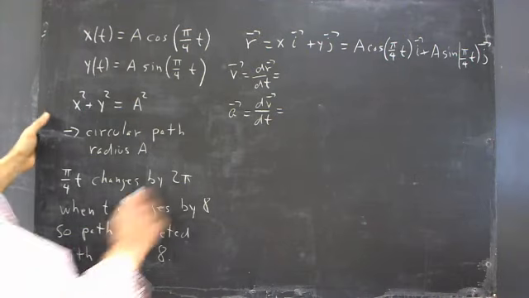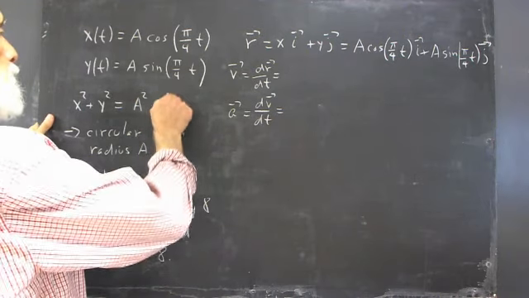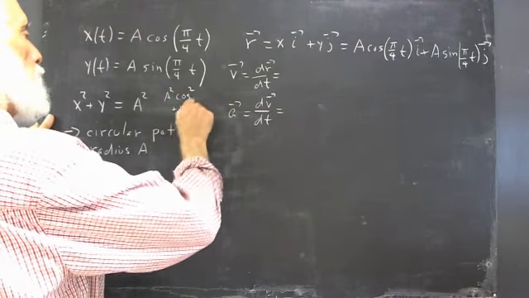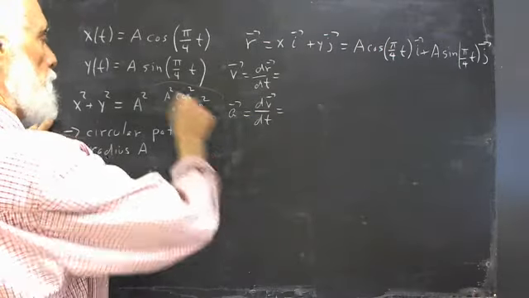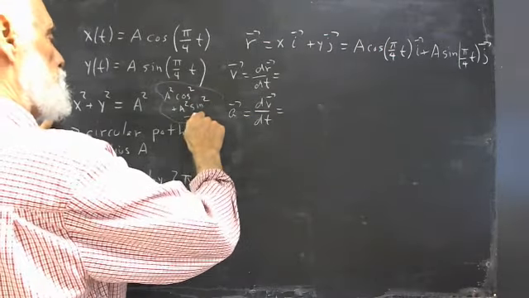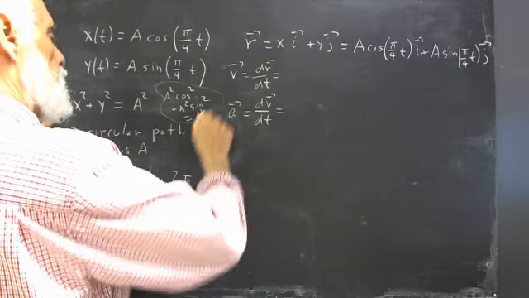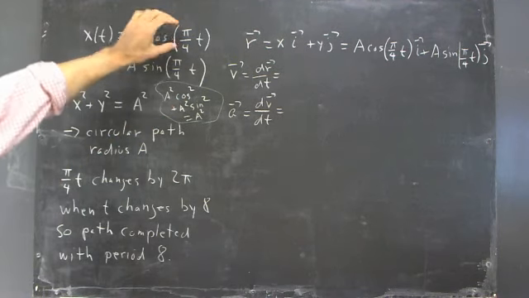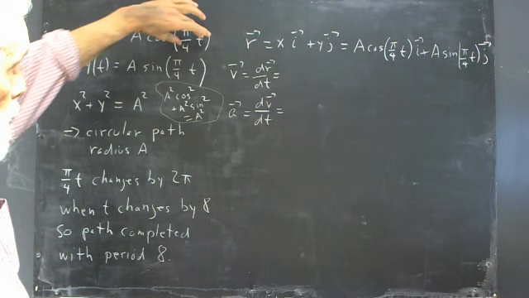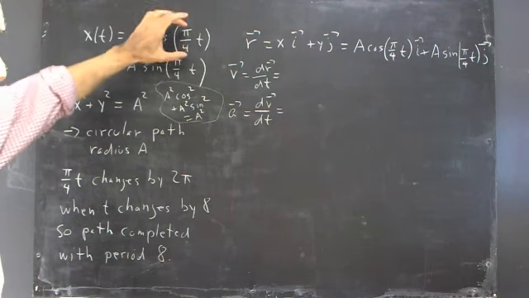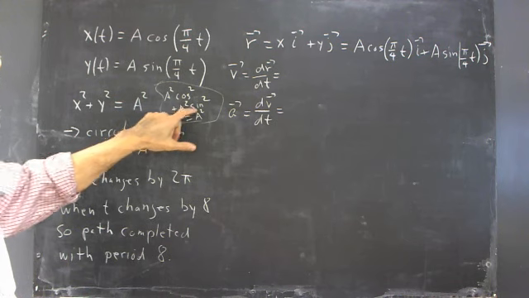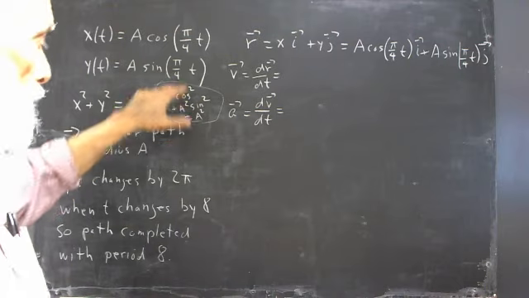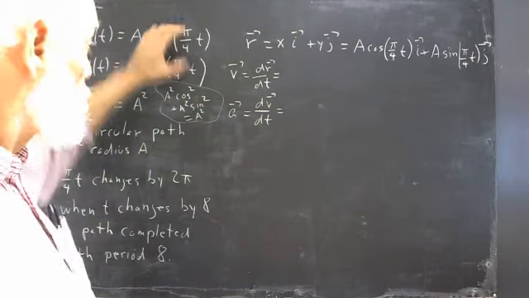Because we're going to have a squared times the cosine squared plus a squared times the sine squared of the same thing, and we factor out the a squared and get a squared times the cosine squared plus the sine squared of the same thing.